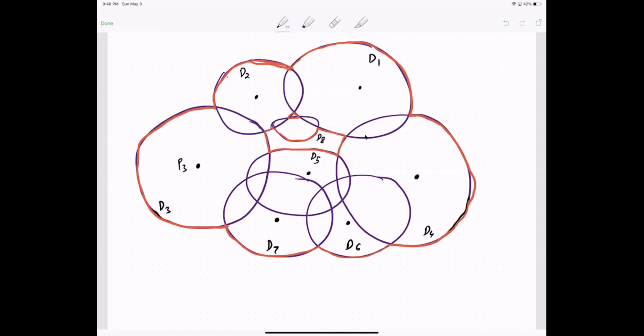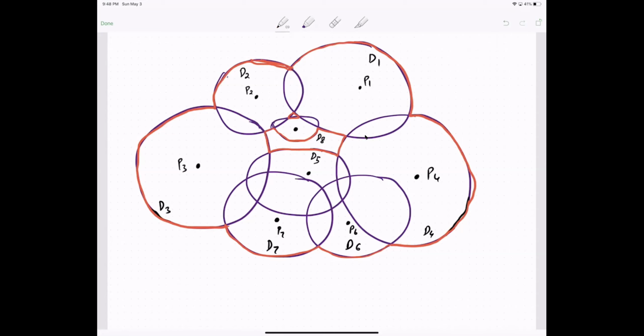For every disk, I'm looking at its center. Now I'll connect some of these centers, like P1, P2, P4, and I'll label them P7. I'll label the rest later.